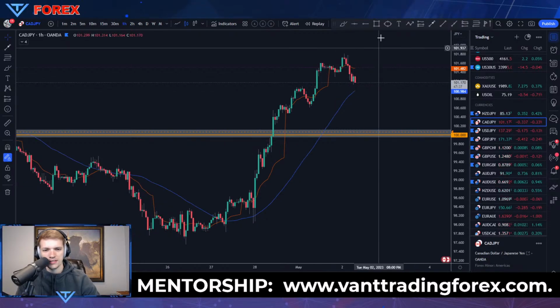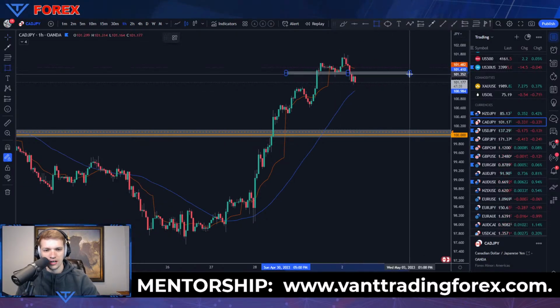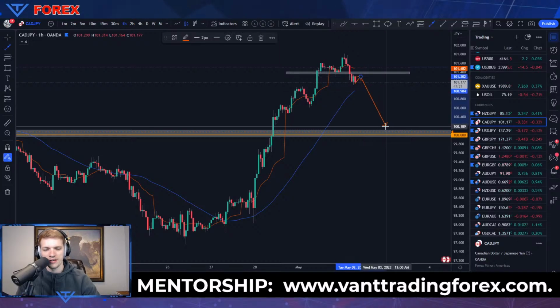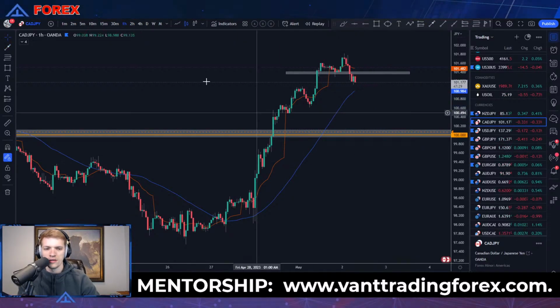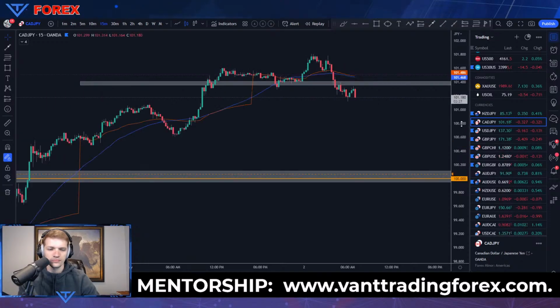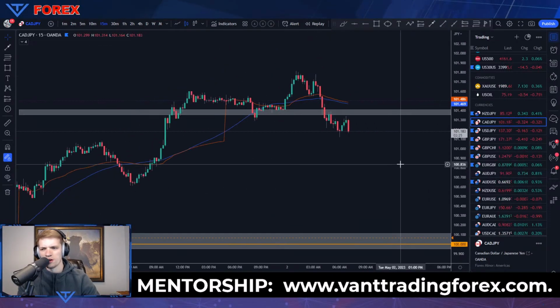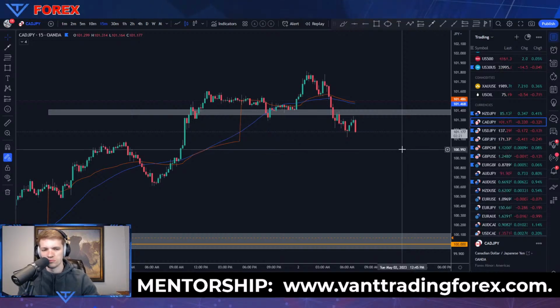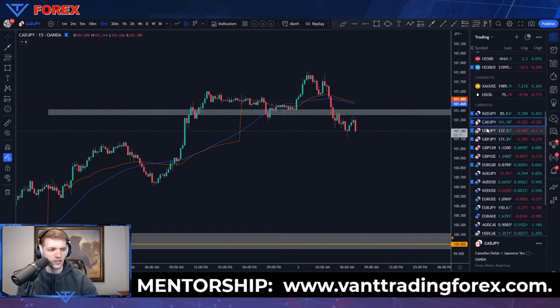CAD yen, same thing. You could potentially look for shorts off this area that we just retested for then an eventual long. Although that would assume that oil's not going to run today, so I'm not a huge fan of that one at all.